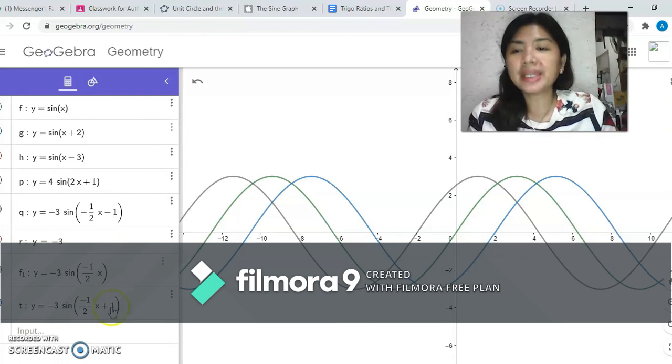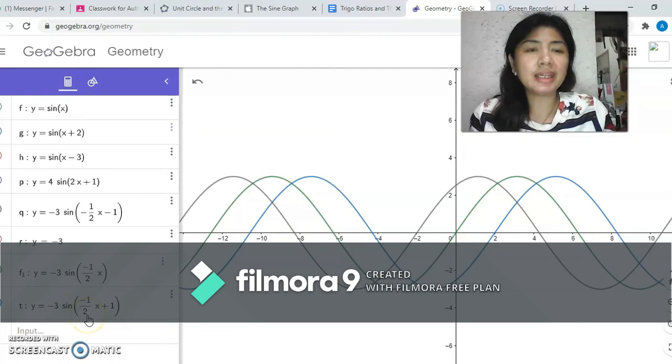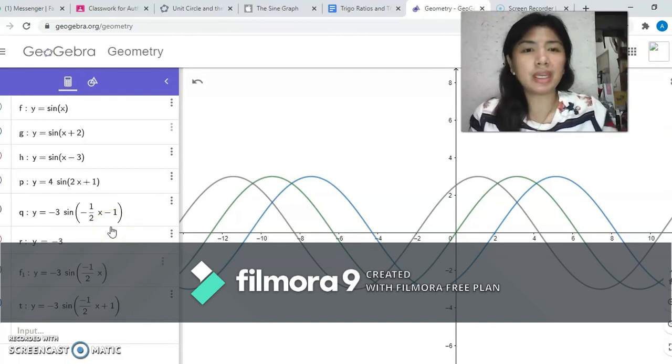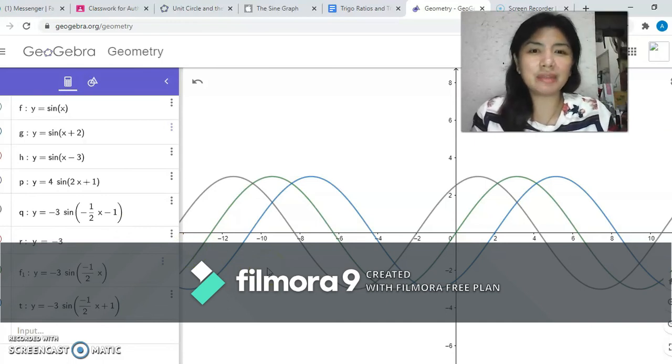And then this one we have negative 1/2 again for B, a negative value, and we have positive C, so it's a shift going to the right, and then this one negative C, shift to the left. Then let's validate if it's consistent.